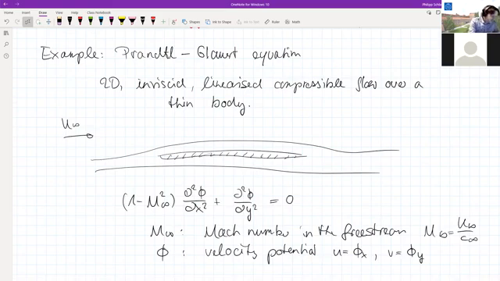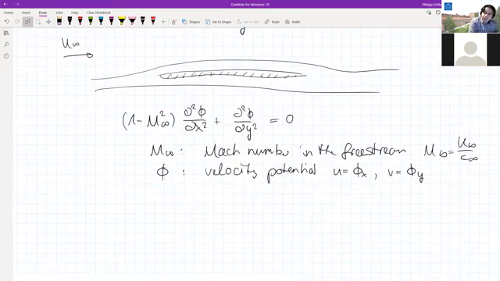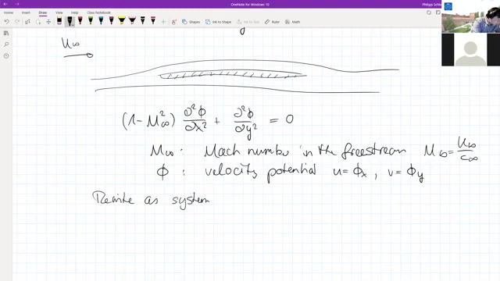But somehow we need to rewrite the equation such that it becomes first order. Of course, that's already the first trick. So we need to rewrite it as a system of first order partial differential equations.